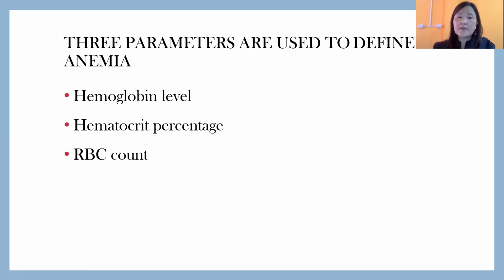So there are three important parameters to define anemia. As I've told you before, not only hemoglobin, but also hematocrit percentage, which is also called packed cell volume, or RBC count. These are also important parameters for defining different types of anemia.